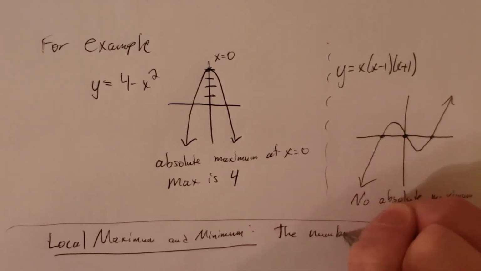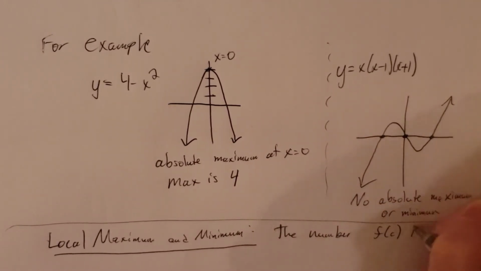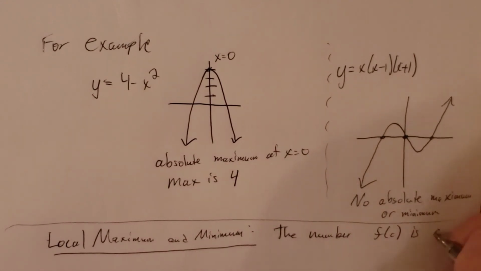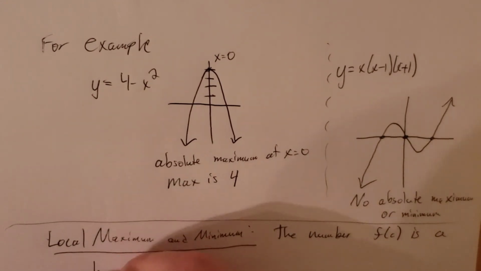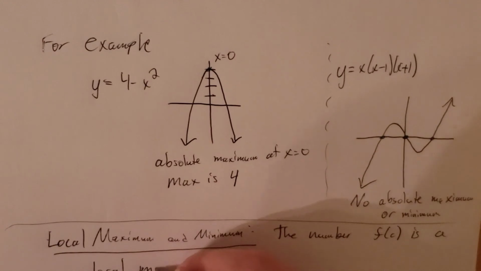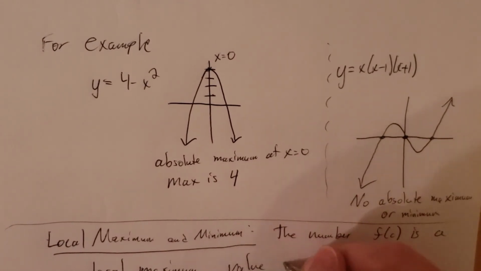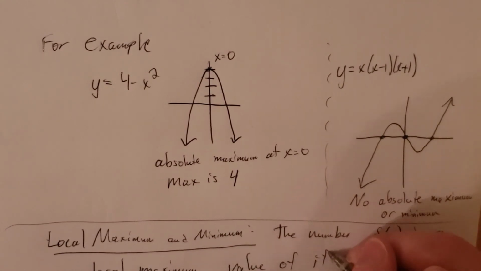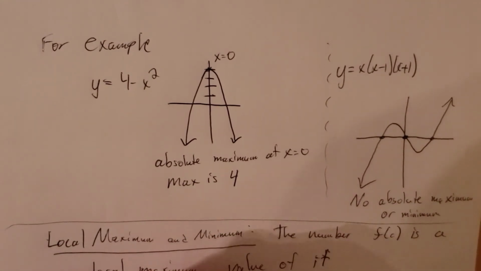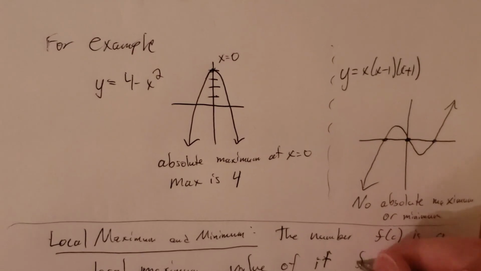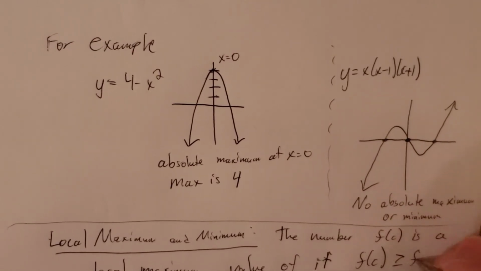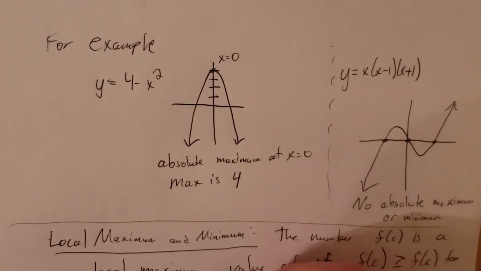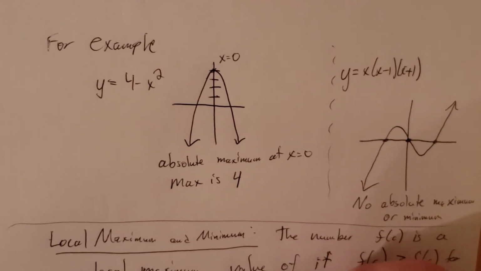The number f of c is a local maximum value of f if f of c is equal or greater than f of x for all x near c.